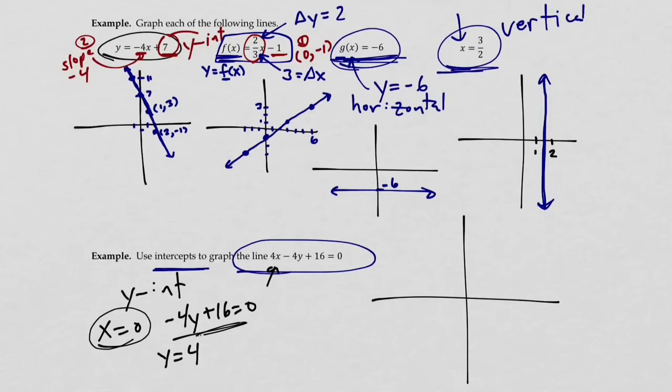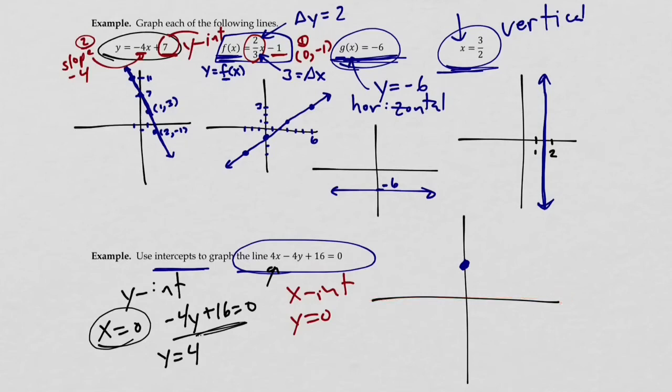So the idea of plotting using intercepts is, sometimes it's pretty easy to find the two intercepts. And so one of the intercepts is going to be up here at (0, 4). The other one, the x-intercept, is going to occur when y equals 0, right? Because the x-axis has a height of y equal to 0.